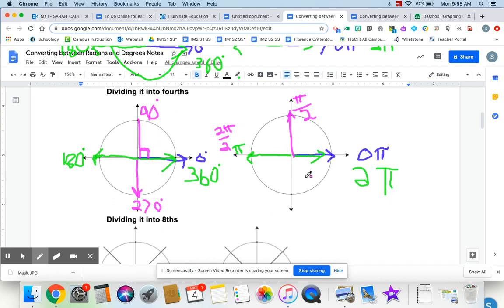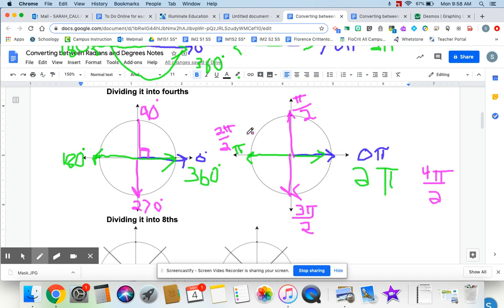Then if I add another one for the one equivalent to 270, I have 3 pi over 2's. So here's 1 pi over 2, 2 pi over 2, which is the same thing as pi, then 3 pi over 2. And if I go another 90 degrees, I have now officially 4 pi over 2's. But if I do 4 divided by 2, I just get the 2 pi's.